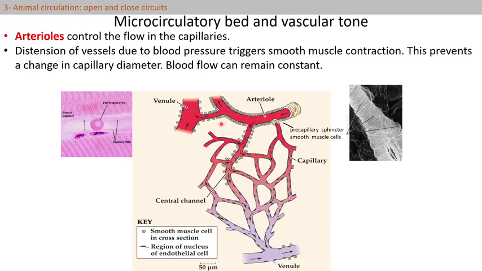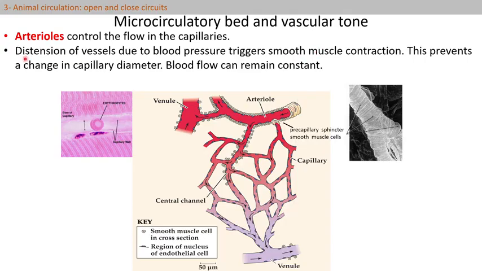So let's discuss and zoom a little bit more on this microcirculatory sector. So you have capillaries depicted here, and arterioles, which are like the small segment of the arterial compartment, connect to the capillaries. And what I want you to know is that arterioles control the flow of blood within the capillaries. If there's no specific signal, arterioles generally maintain the blood flow stable.